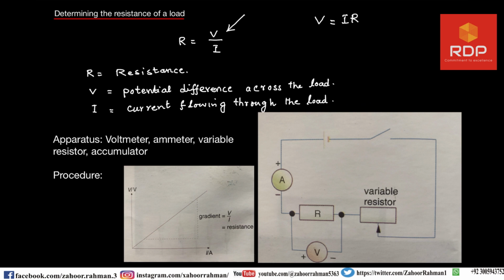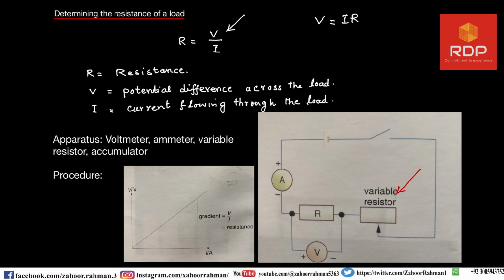Now, first of all, there is a variable resistor here. Through that we can adjust the value of resistance. So the second step is to adjust the variable resistor to allow the smallest possible current to flow in the circuit. What does it mean?